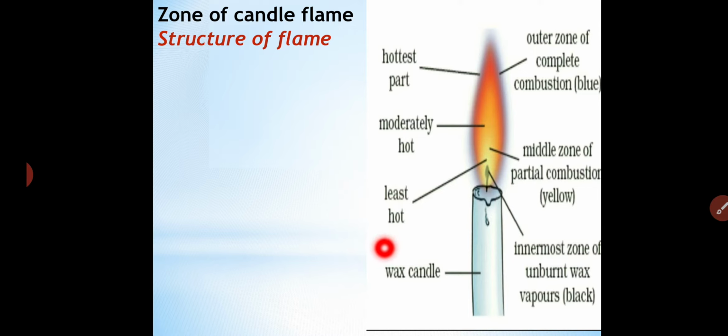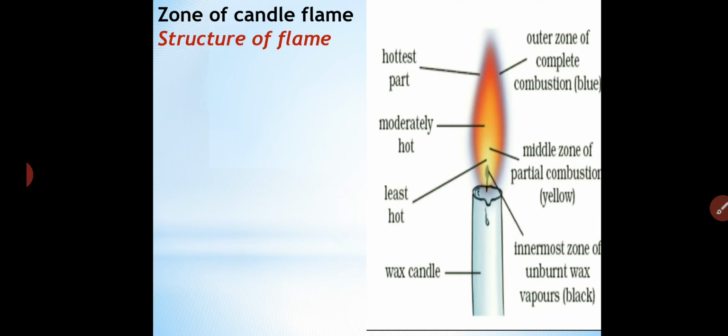The least hot part is near the wick. Then the middle zone of partial combustion burns with a yellow color. And the innermost part is unburnt wax, which is black in color.